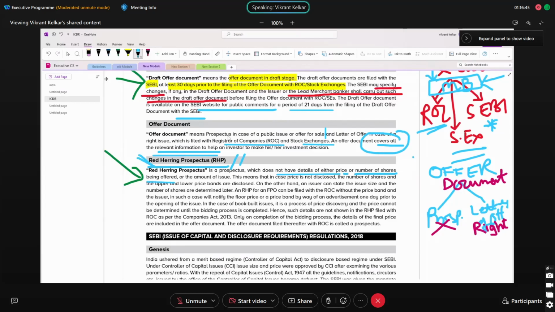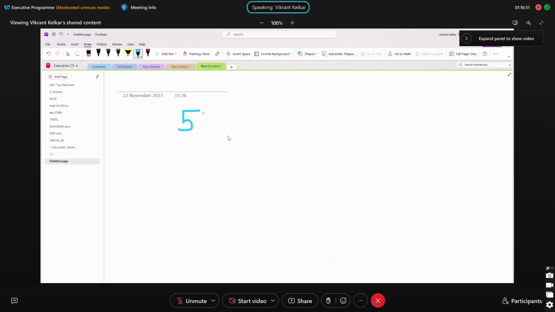So what is the traditional calculation? Suppose the company is going to raise 500 crore rupees. The company knows how much it is going to sell, 500 crore rupees. And what is the per share collection? As expected, 10 is the face value, 90 is the premium.